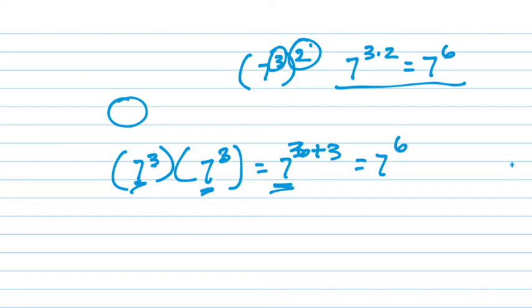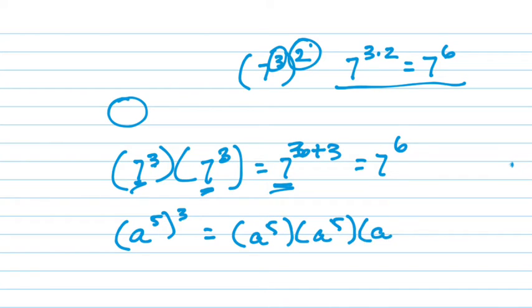So the temptation is to try to multiply the numbers. Don't. And usually when you're doing this, it's something like this with an exponent. So I have a to the 5th raised to the 3rd power. If I was going to expand that, it would be a to the 5th times a to the 5th times a to the 5th, which is a to the 5 plus 5 plus 5, or a to the 15th.